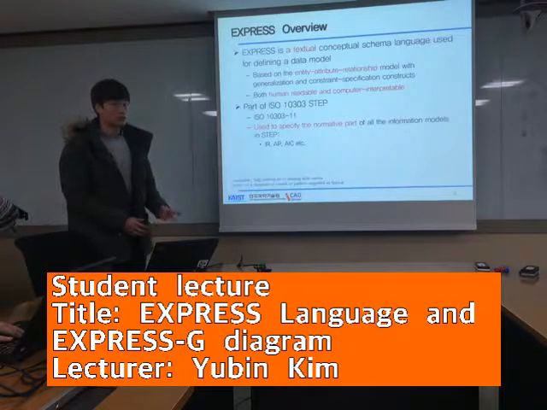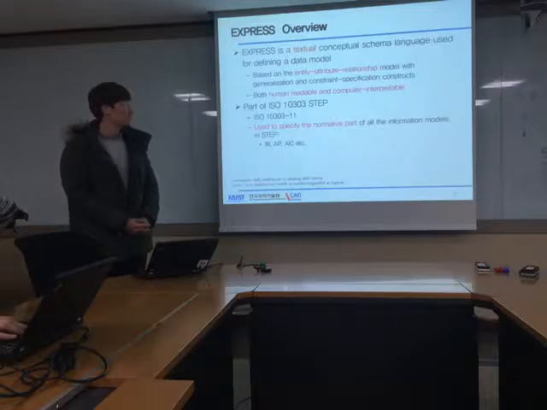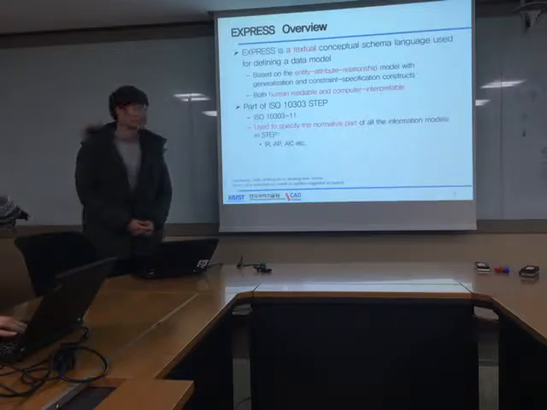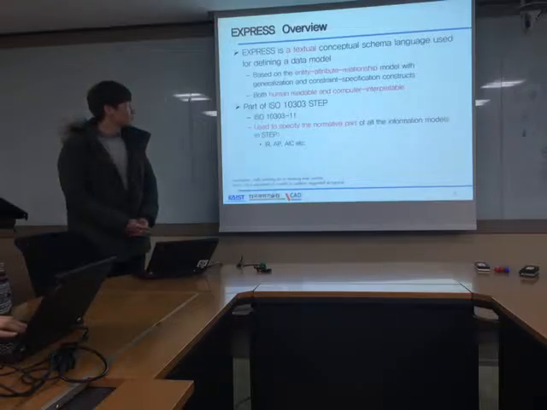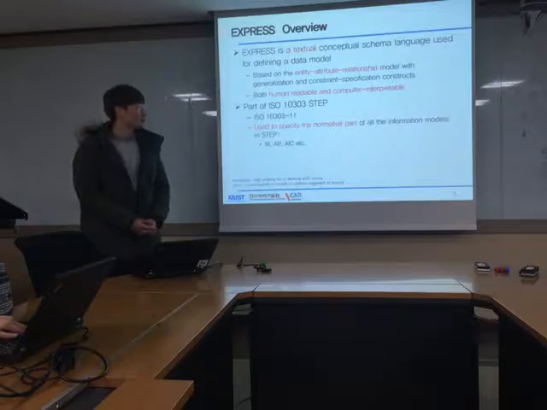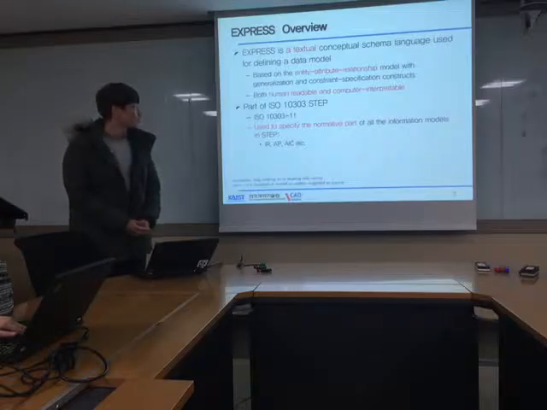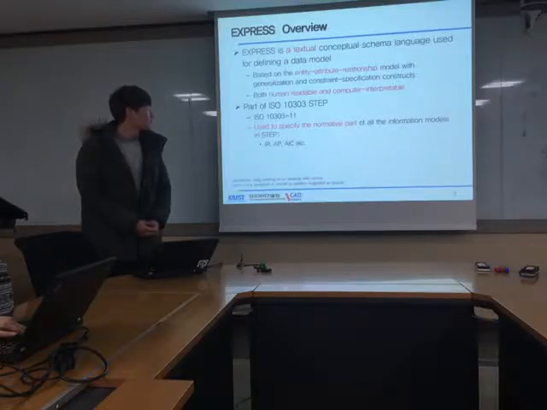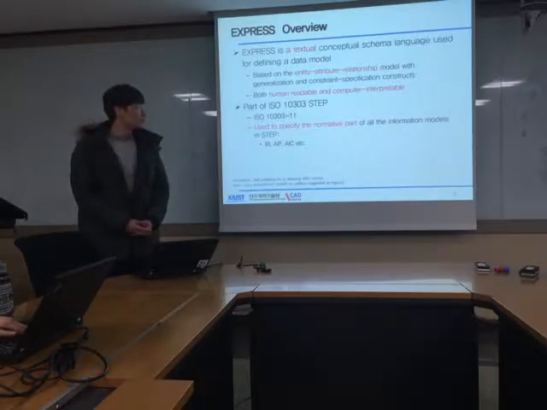It is based on entity, attribute, and relationship. It contains both human readable and computer interpretable characters, and it is one of the ISO 10303 STEP members, used to specify the normative part of the information models in STEP.